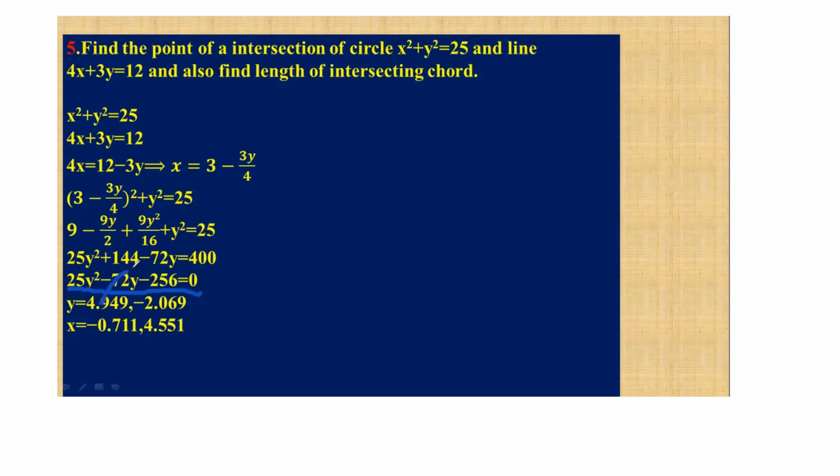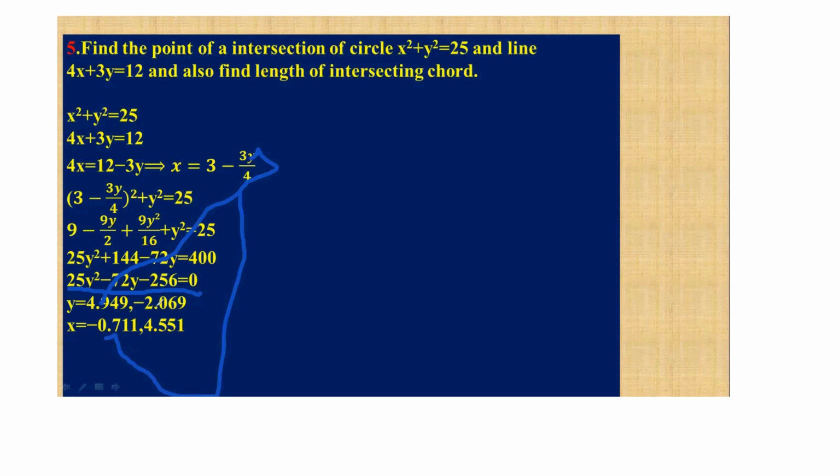4.919 into the value of y, you'll get minus 0.711.